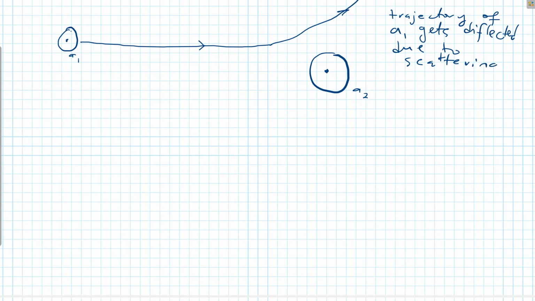So scattering is collision. Let's say a collision happens, so there is a scatter. A1 gets scattered by A2. So if there were no deflection, what's going to happen?